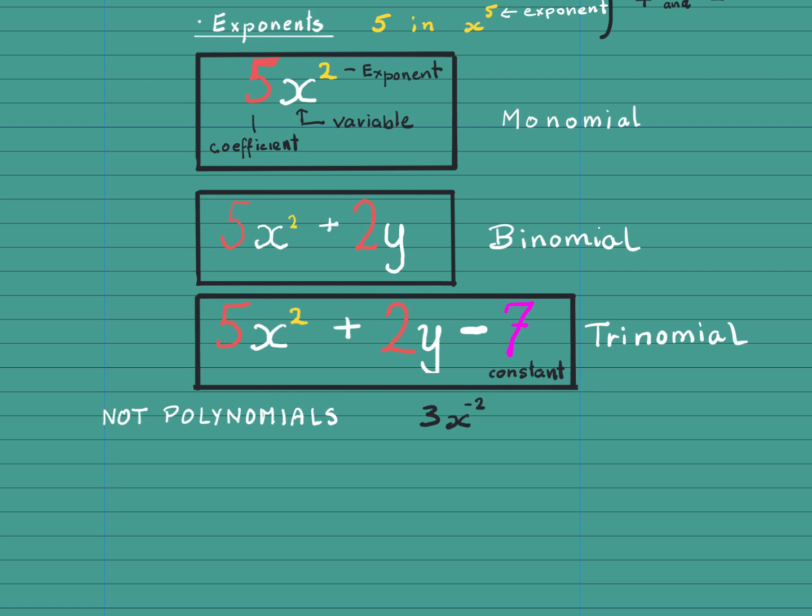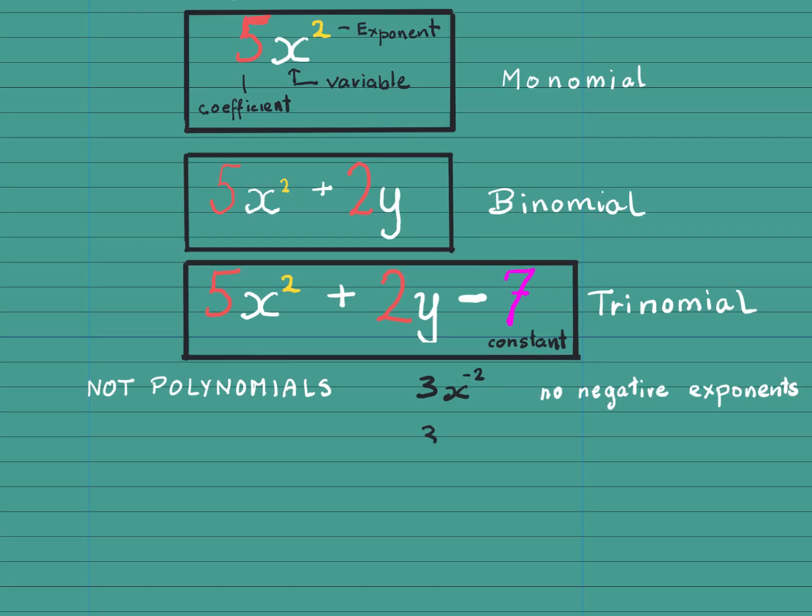Now I want to give you some examples of what cannot be a polynomial. This term with a negative exponent is not a polynomial. A polynomial cannot have negative exponents. Also, 3x y to the negative 2 has negative exponents, so this is not a polynomial. 1 over x, or something like 3 over x plus 2, is also not a polynomial.